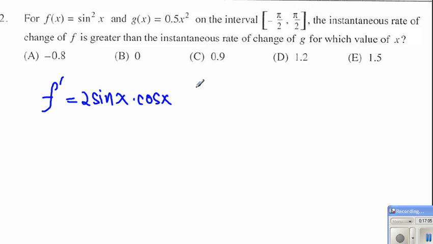That's what we end up getting for the second one here. g prime becomes 2 comes up, and then we end up getting simply x. So here, the fact that this one has to be greater than this one, how are we going to do that?